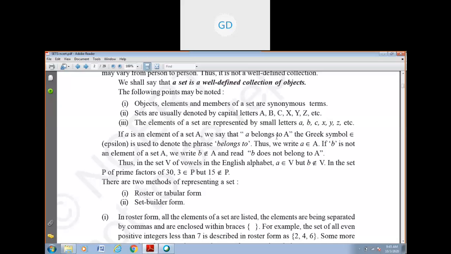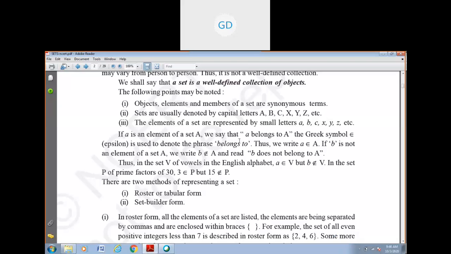So if the set is capital A and one element in this set is small a, then we say a belongs to A.